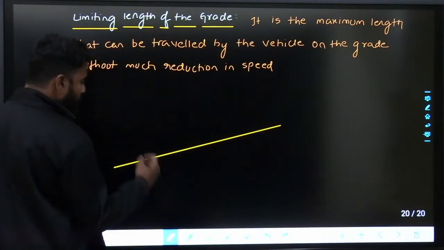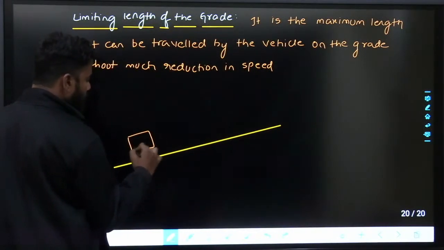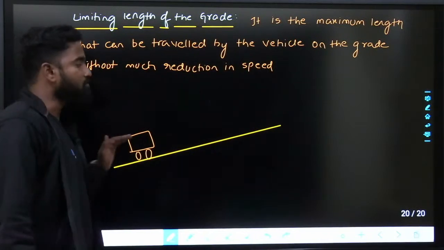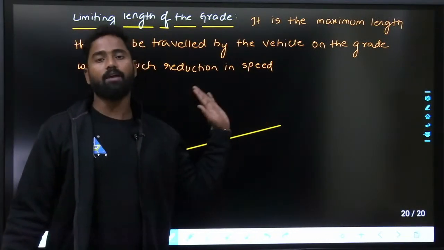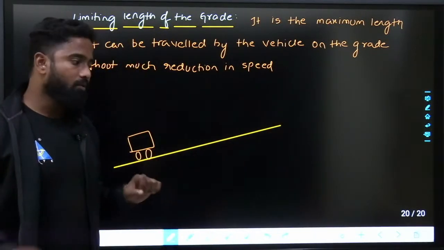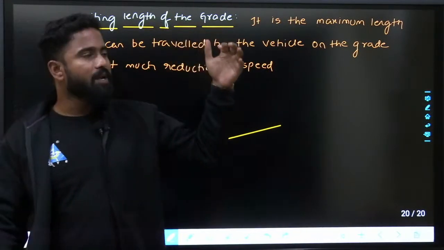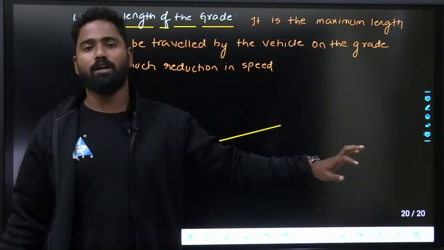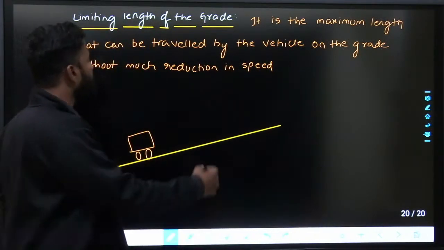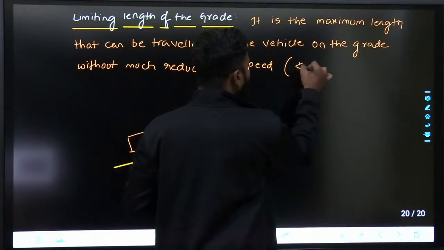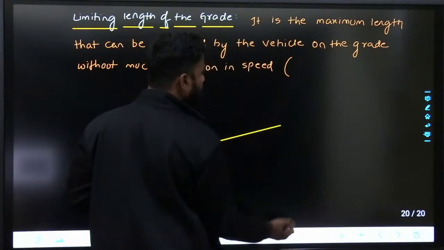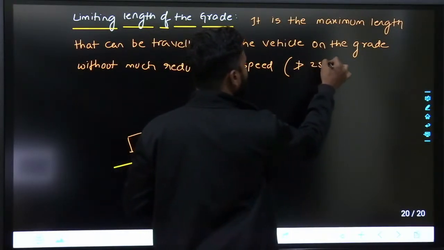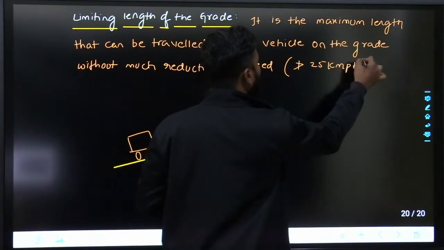That means whenever the vehicle is moving on the gradient, on the slope, when you are going up, your speed reduces. Generally the maximum reduction in speed should not be more than 25 kilometers per hour.